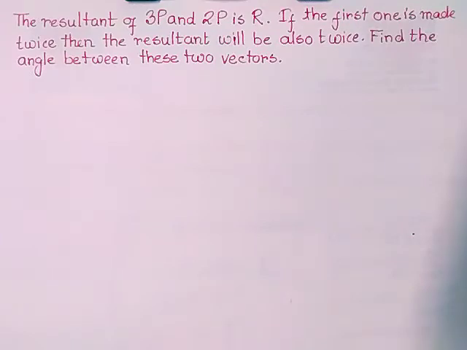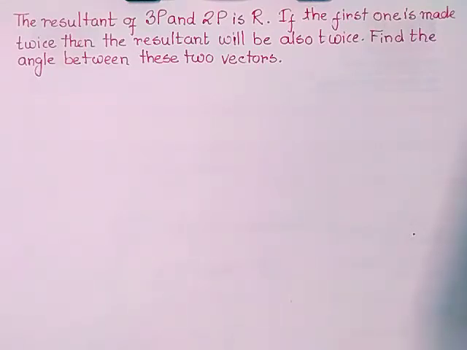So here for 3p and 2p, the vector sign is not given. If the vector sign is given, then 3p and 2p will be in particular directions. So this is a particular type of numerical where these are vectors. 3p and 2p are vectors, r is a vector, but here we have not used any kind of vector notation.